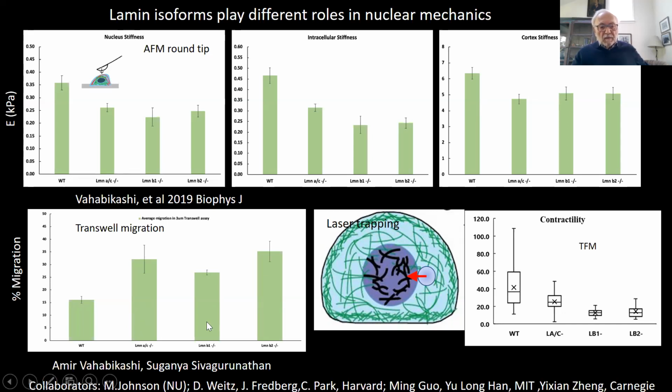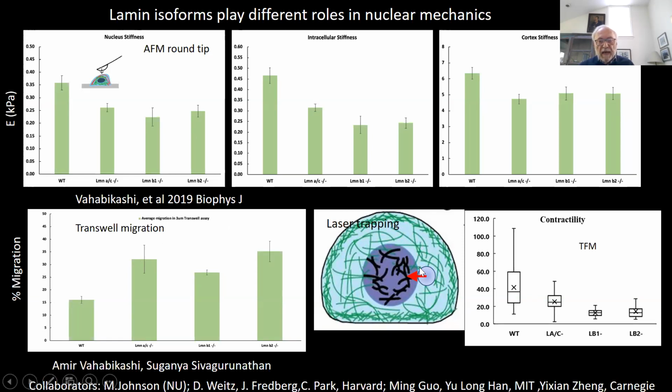So when we knock out lamin B1 or lamin B2 or lamin AC, we get differences in terms of the number of cells that move over a 12-hour period from the top of a well to the bottom of a well. And we can also look at, and I'm not going to show you the data, but it fits beautifully with all the other data that we have.